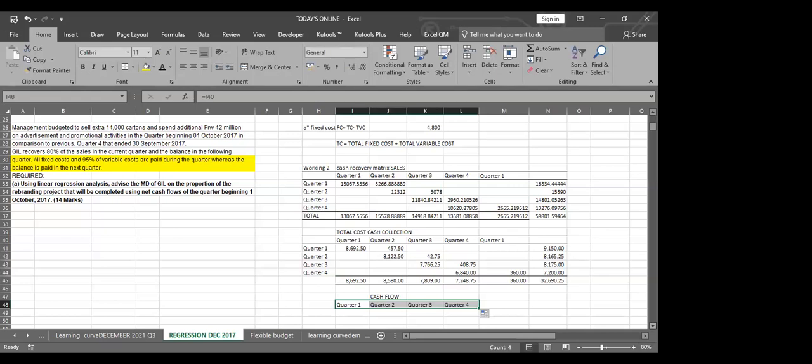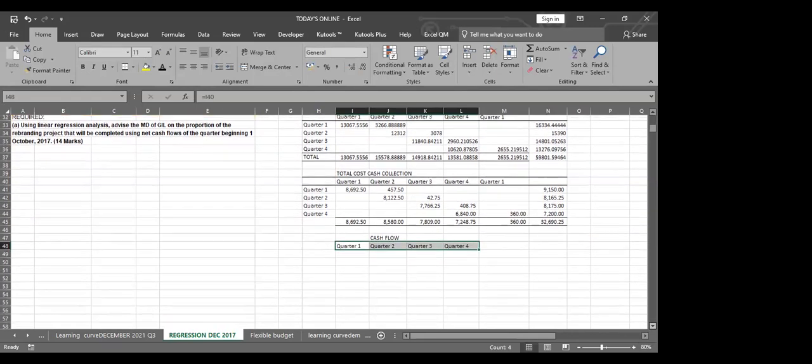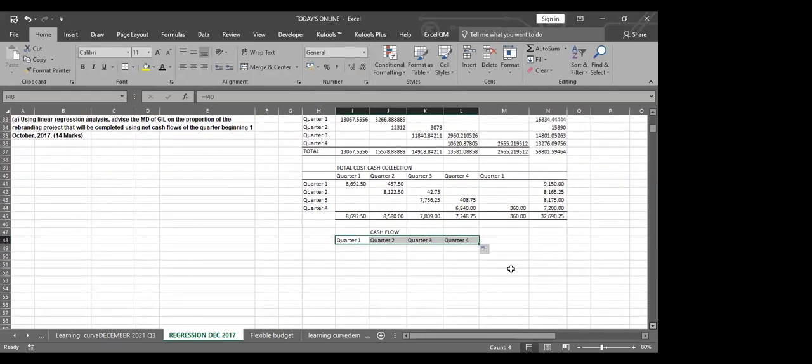So this is what you can use to find out if they will have enough to use from that scenario. So regression was used to split it, and then we make a cash flow budget and see. Now this is a cash flow budget that we need to make and advise on.